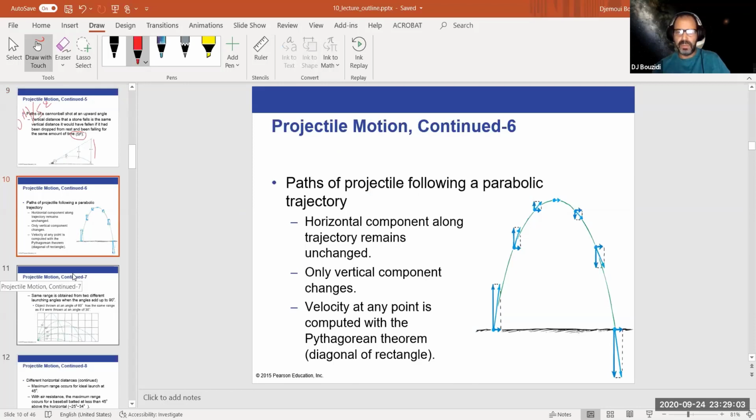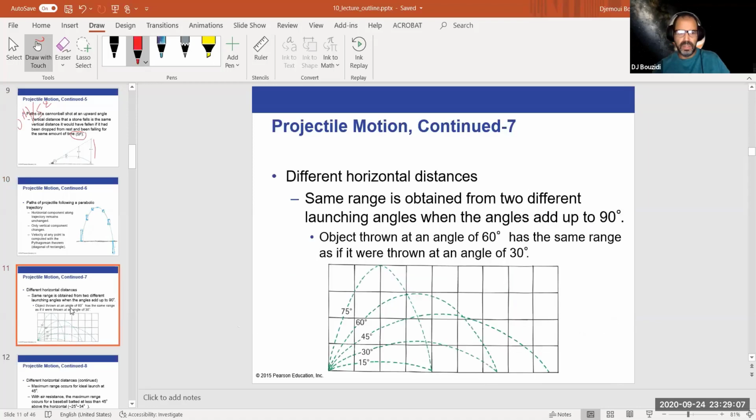Again, I was talking about this velocity and how it breaks down. And here is something that was also part of the lab: complementary angles will have the same range regardless. So I have 15 degrees and 75 degrees. They add up to 90 degrees, so they are complementary angles. The range of the 15 degrees is here. The range of the 75 degrees is also here.